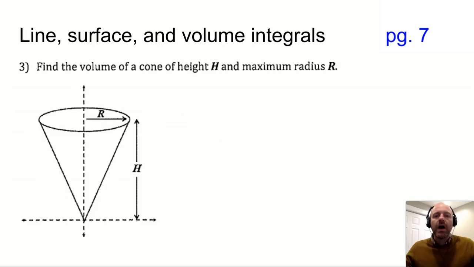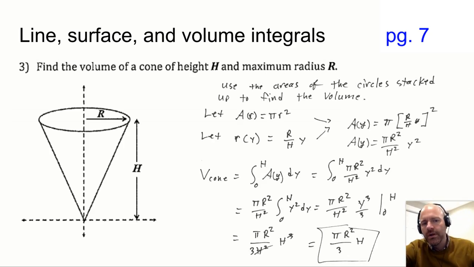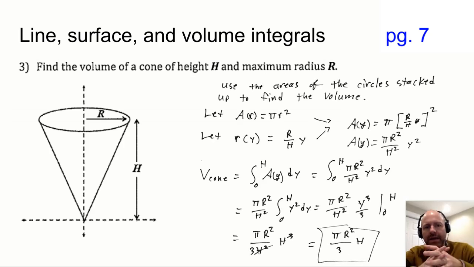You can do this with other shapes. Here's a cone. A cone is a little bit more complicated because each circle, as you go from 0 to some height h, is slightly bigger. Each of those circles has an area equal to pi r squared, and that r depends on the ratio of capital R, the maximum radius of the circles in the cone, over h, times how high up you go.